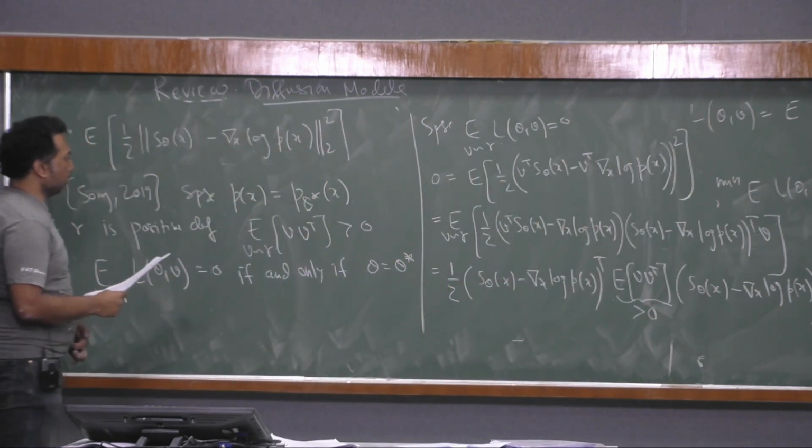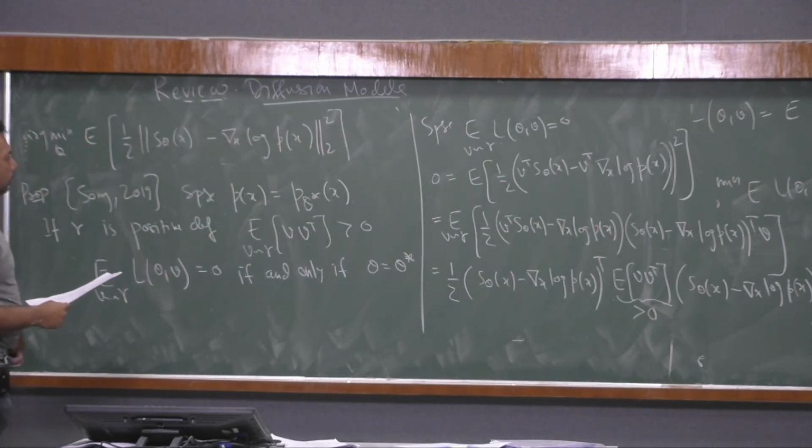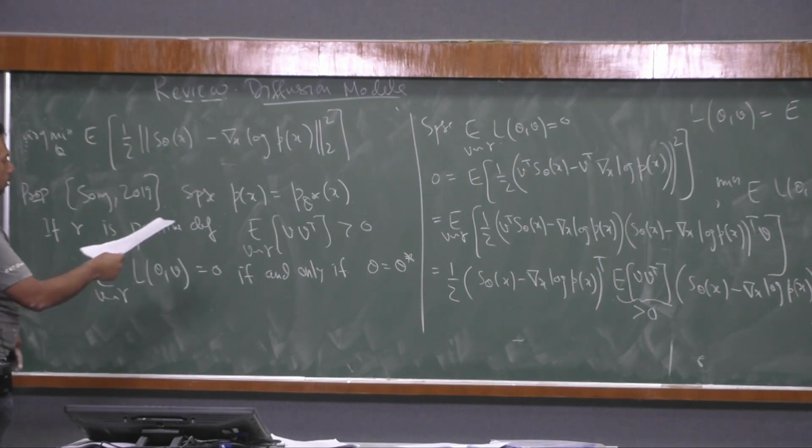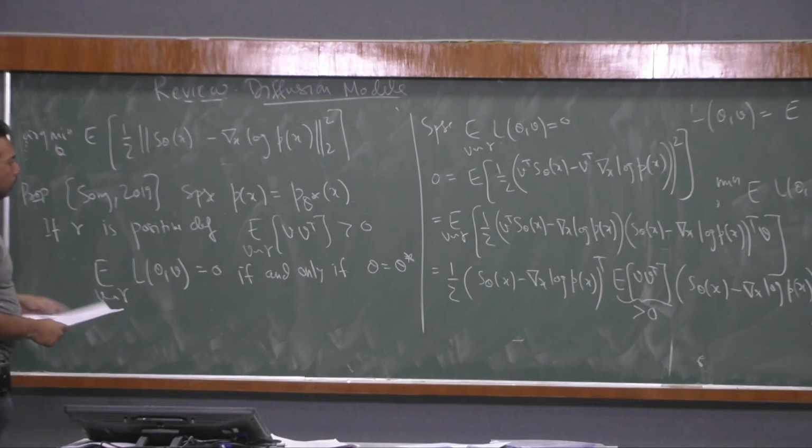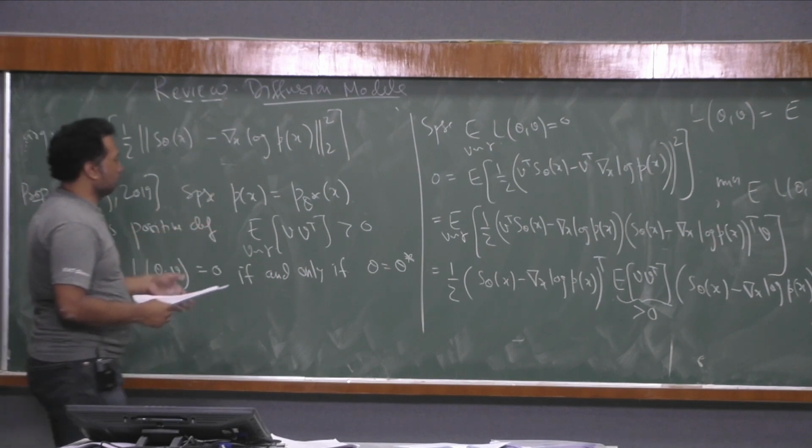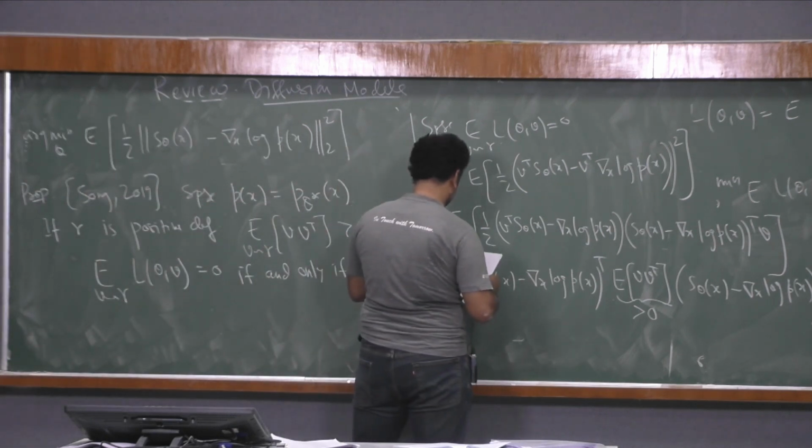Okay, so this guy is positive definite, so the only way this will be 0 is when the norm is 0. I can remove that basically. Okay, so divide both sides by expectation of V V transpose, and then what I'm left with is this norm quantity here.